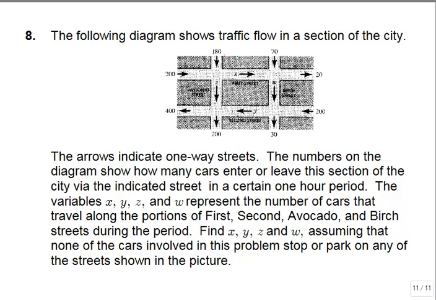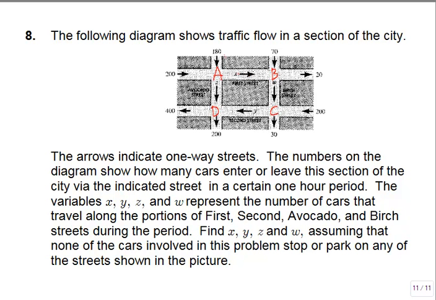So this is a traffic flow problem, and a good way to help organize how you're going to set this problem up is to label your 4 different intersections. We have an intersection here, which I'm going to call A, an intersection here B, an intersection here C, and an intersection here D. And what we need to maintain the traffic flow and not have a pileup of cars is we want the number of cars going into that intersection to equal the number of cars going out.